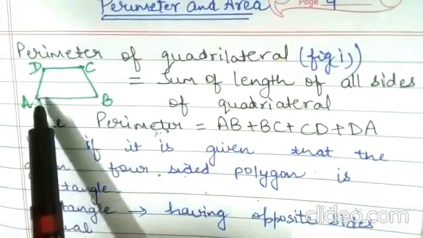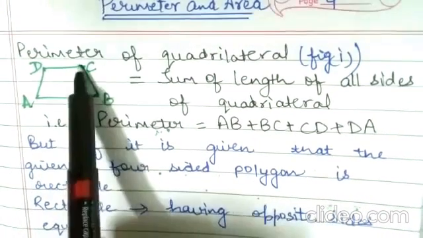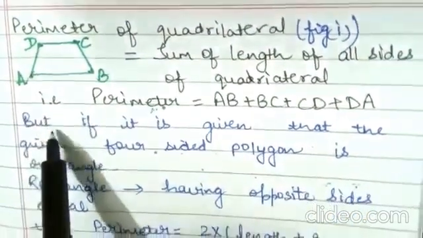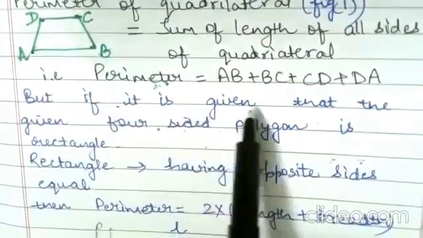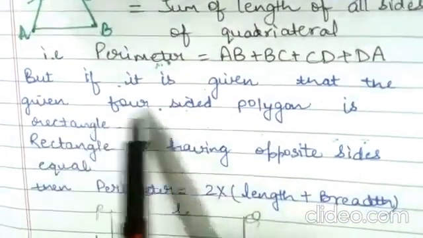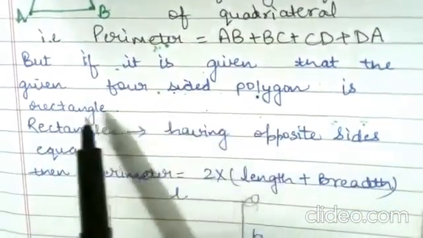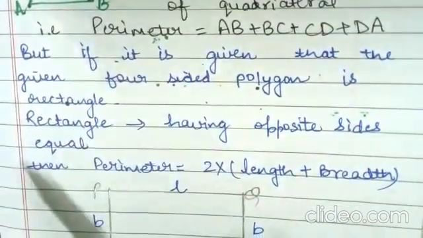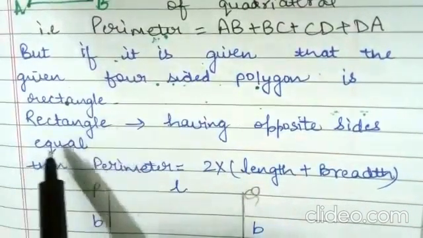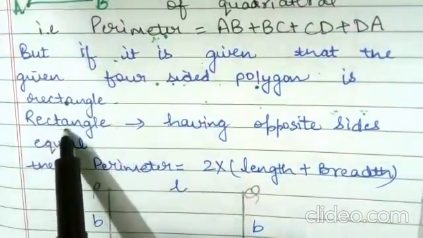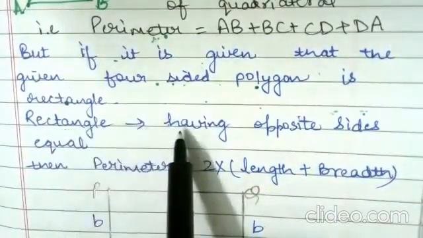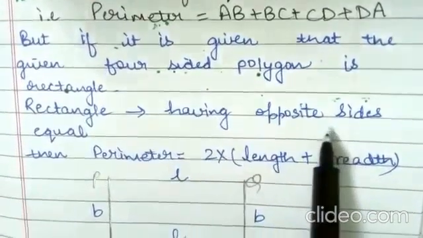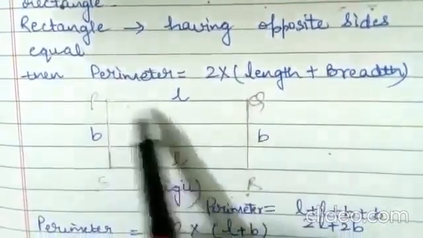That is equal to AB plus BC plus CD plus DA. But if it is given that the four-sided polygon is a rectangle, then how will we find the perimeter? Now we know that a rectangle is a quadrilateral having opposite sides equal. See this figure?